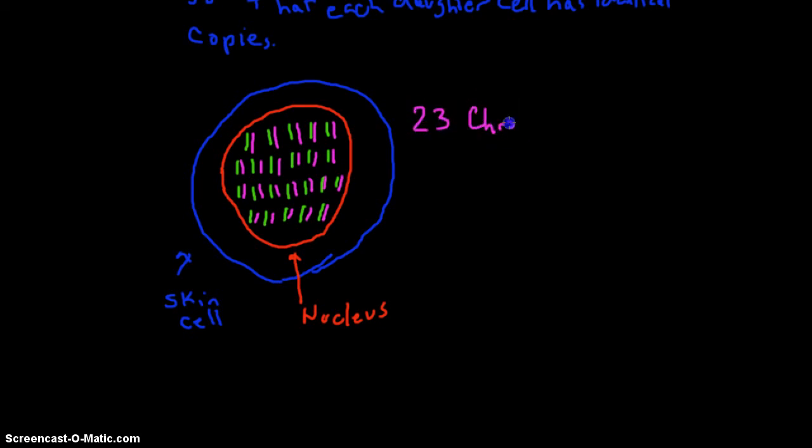And we know that because each chromosome has a knob that we call the centromere. And let me draw this, kind of hard to see.